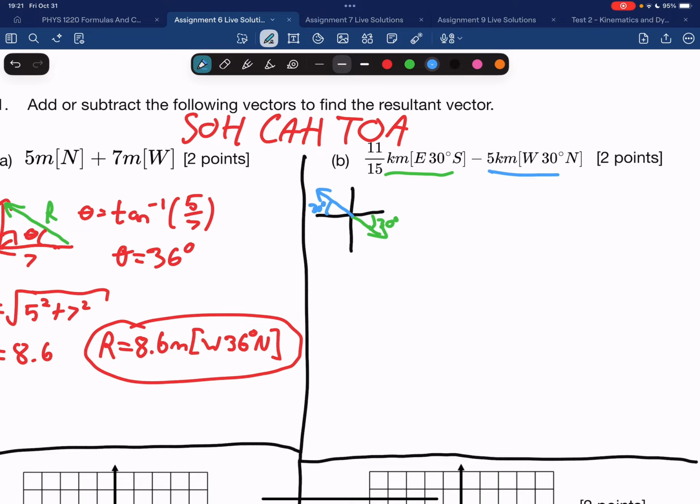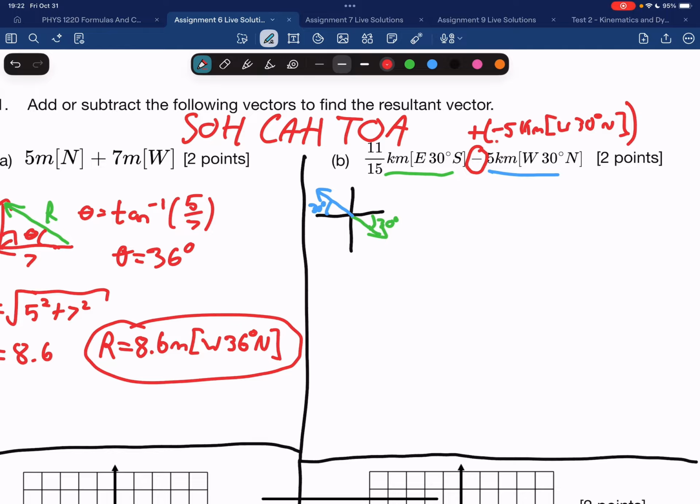Now, these are being subtracted. So, subtraction is the same as writing adding negative 5 kilometers west, 30 degrees north. It's the same as writing that.